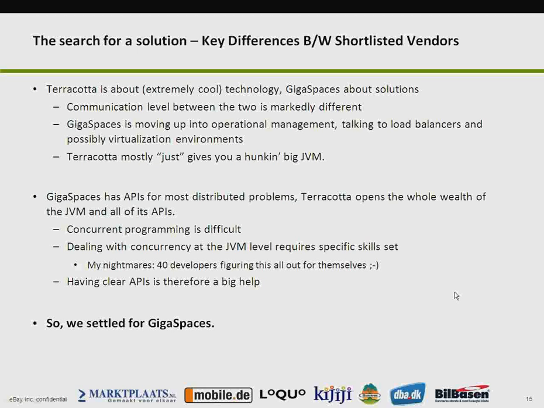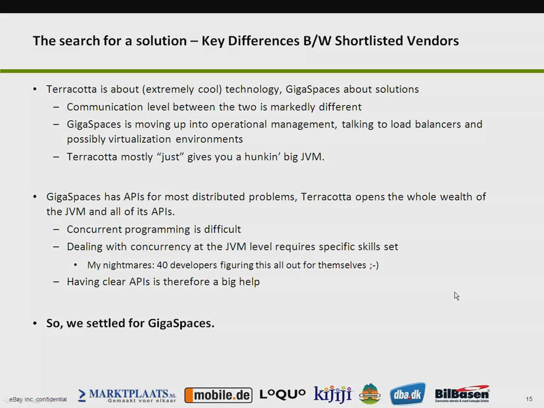GigaSpaces really had a huge advantage there by providing an API for most, if not all, distributed problems we were going to tackle. A couple of buzzwords now, like MapReduce and stuff like that, that's all in GigaSpaces, and you can solve it with a couple of lines of code, which wasn't the technical version of this presentation, so we can skip that bit.